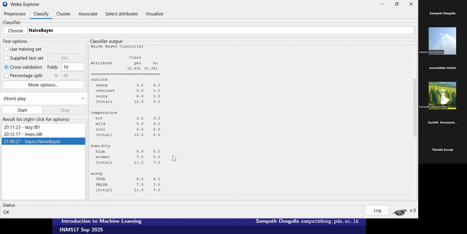So as you can see, in this particular case, what we have observed is just probability values. So you can see for the class yes and no, it will calculate the number of counts. So you can see the number of counts here. Like I said, since it becomes 0, it will actually add 1 for each.